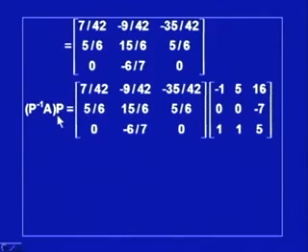After that, given this P inverse A, one can write down P inverse AP, that means multiply this matrix by the matrix P. So, this is the matrix P which I had obtained.